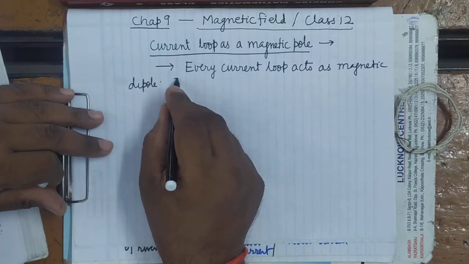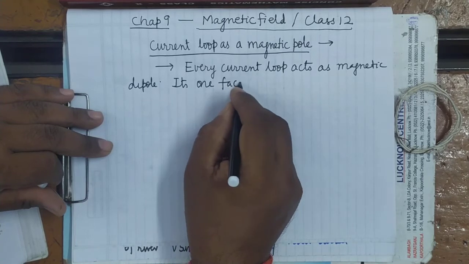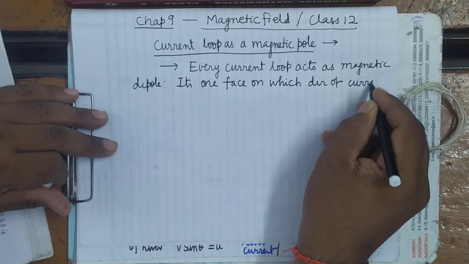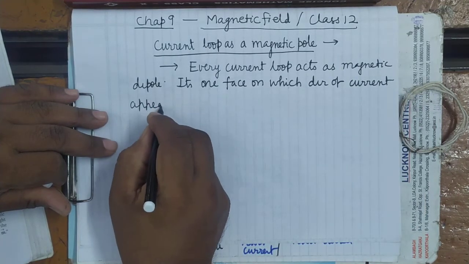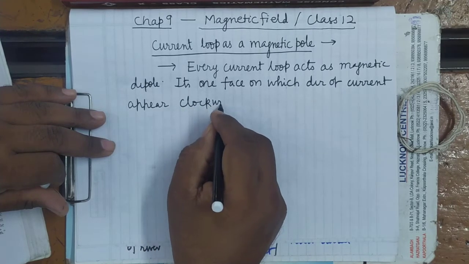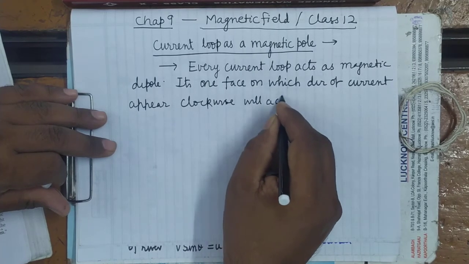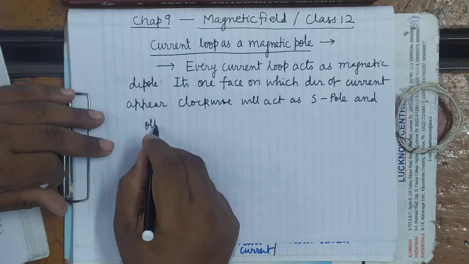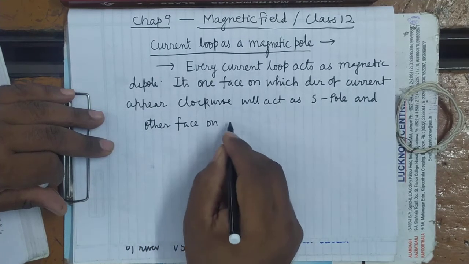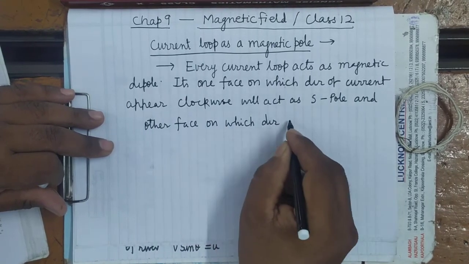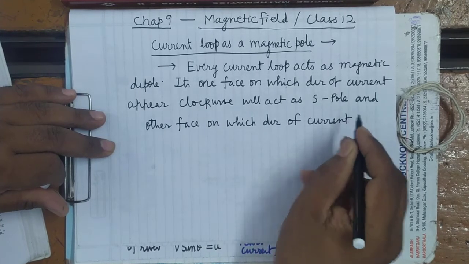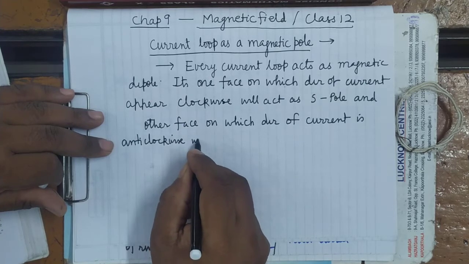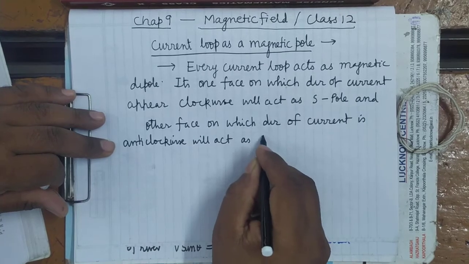Magnetic dipole means there will be two poles. One face, on which the direction of current appears clockwise, will act as south pole, and the other face, on which the direction of current is anti-clockwise, will act as north pole.